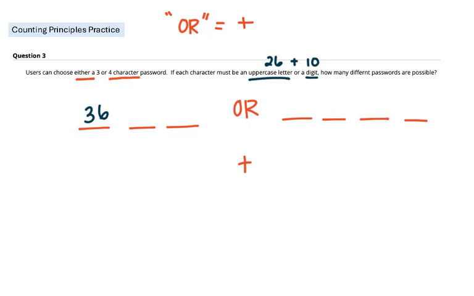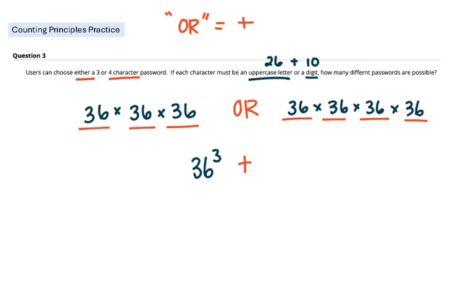Now the first password, that's 3 characters long, you have 36 choices for the first, and 36 choices for the second, and 36 choices for the third. Or you could have a 4-character password, so 36 times 36 times 36 times 36. This is 36 to the third, or this one would be 36 to the fourth.